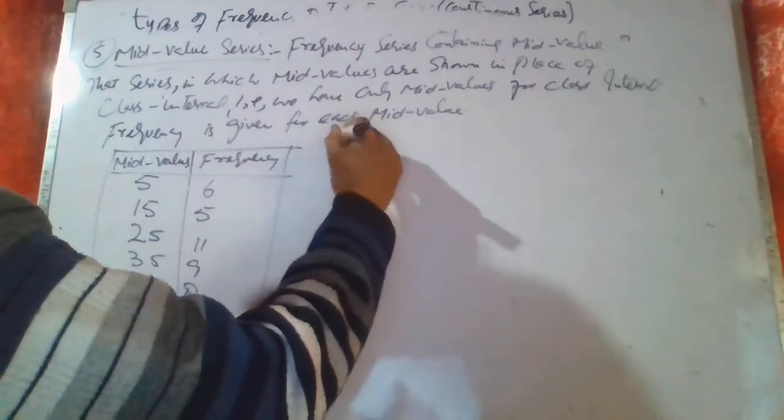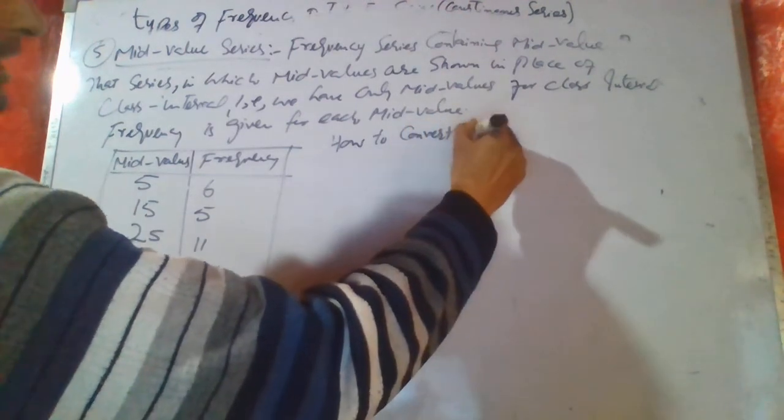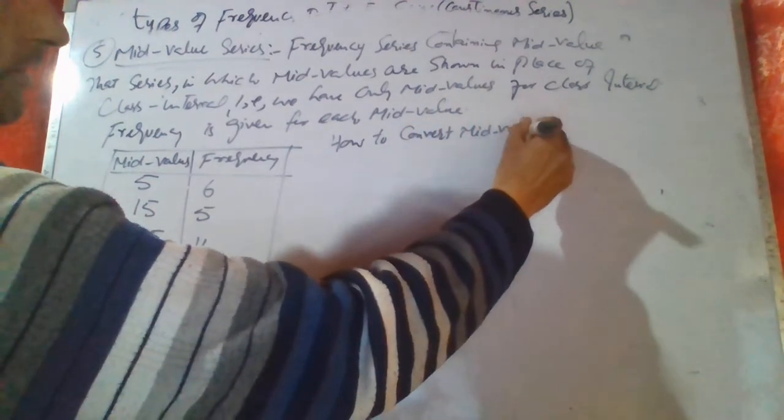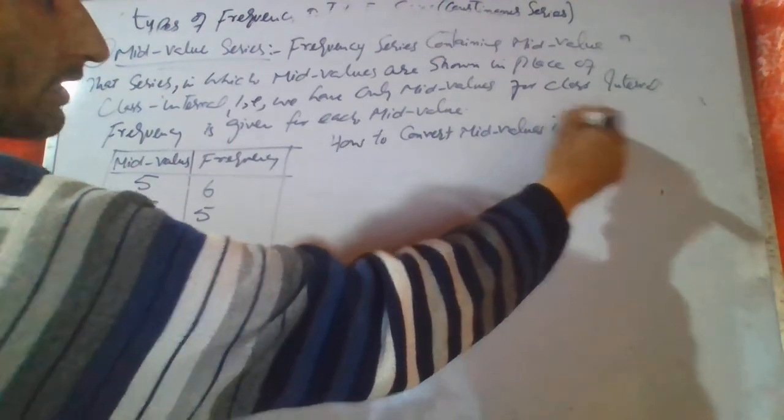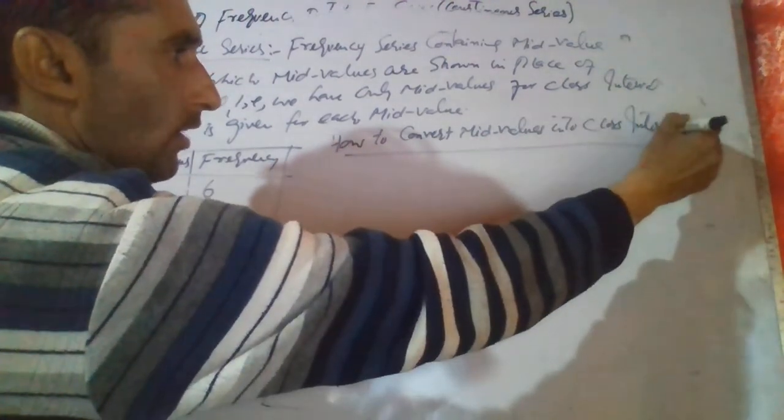Before proceeding, when we want to solve this type of series, we can convert these mid-values into class intervals. That is the next step. How to convert mid-values into class intervals?